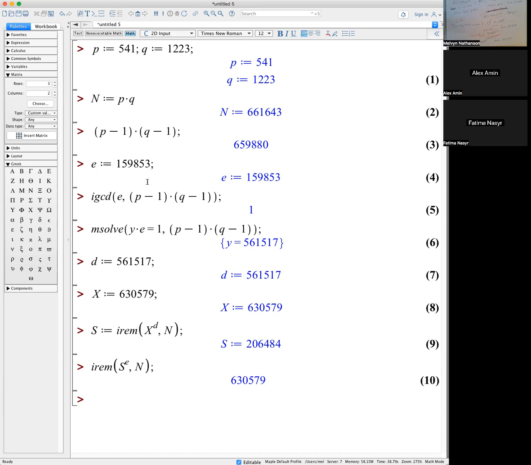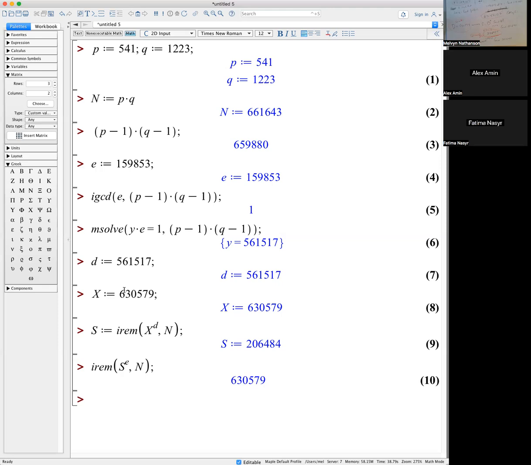Okay. Then she has to get her private key, which is the inverse of E mod P minus 1, Q minus 1. So she solves this congruence and gets a number D, which is 561,517. So D times E is congruent to 1 modulo this. So this is her signature. She wants people to know she's sending it.